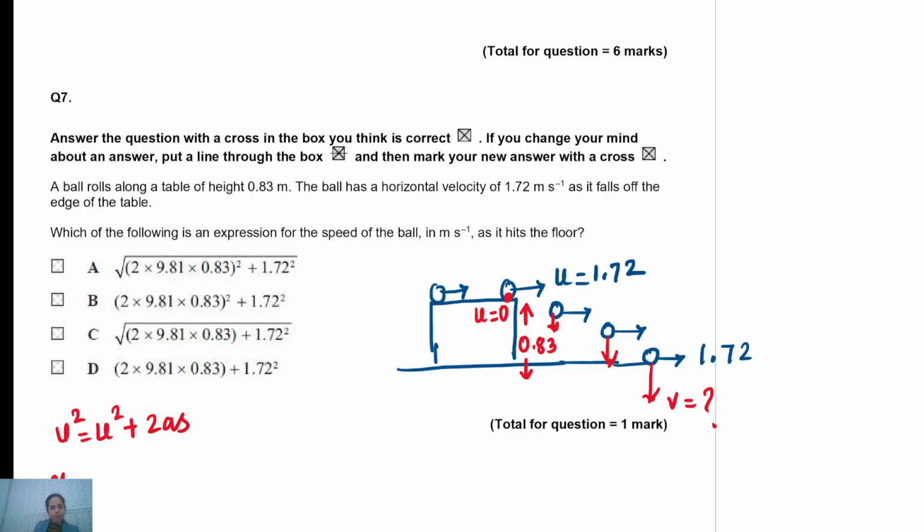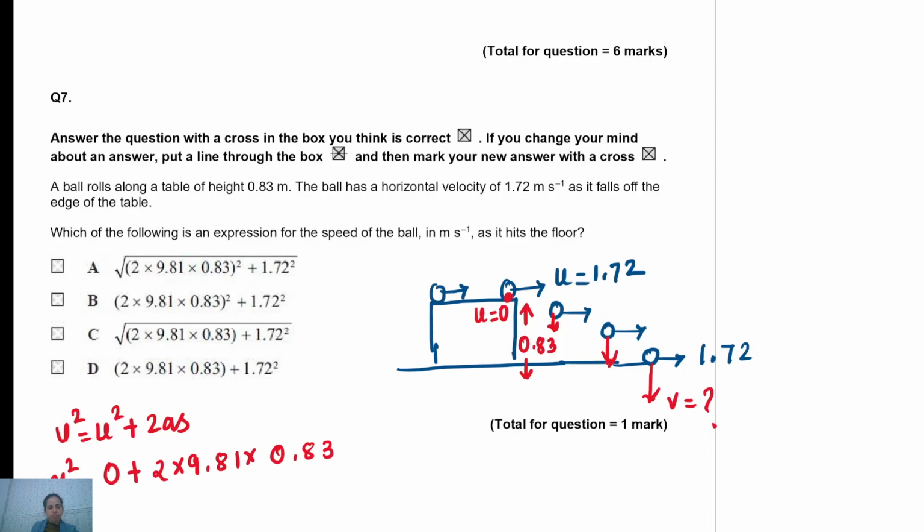Now, as I can see in my options, they do not want my final answer, they just want the numbers. So my v squared is 2 times 9.81 times 0.83. What it wants is the velocity with which it hits the floor.